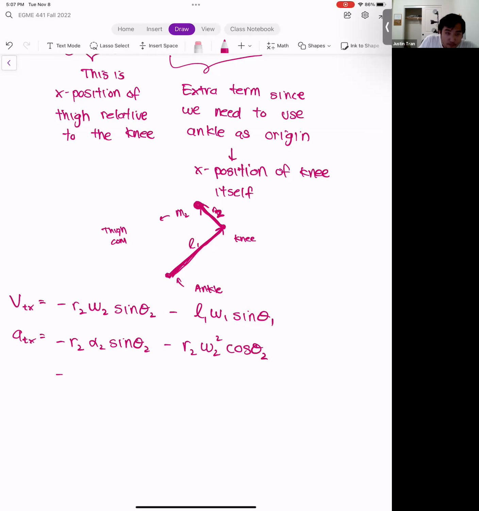And then we have minus L1 alpha 1 sine theta 1 minus L1 omega 1 squared cosine theta 1. Okay.